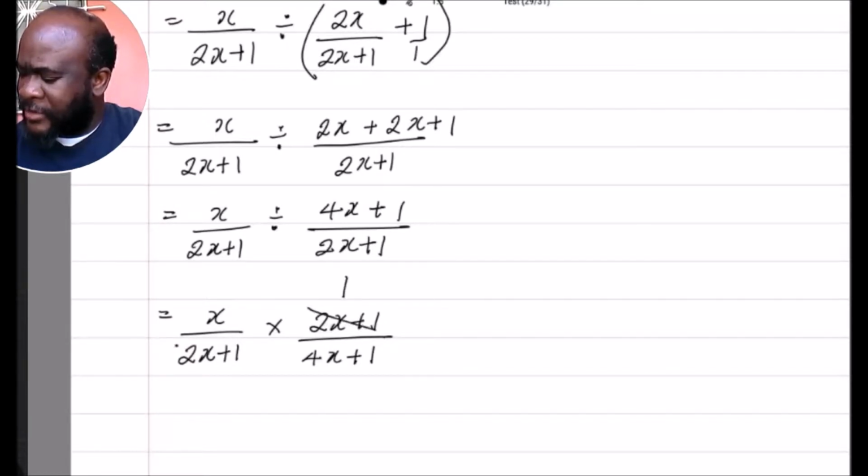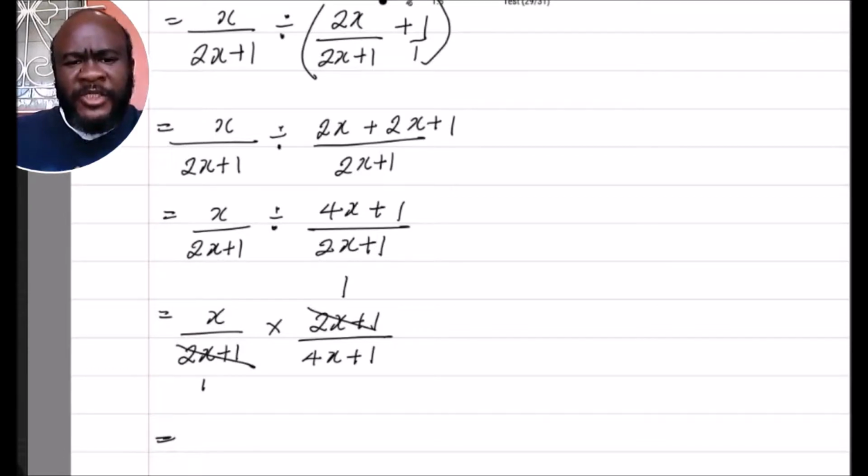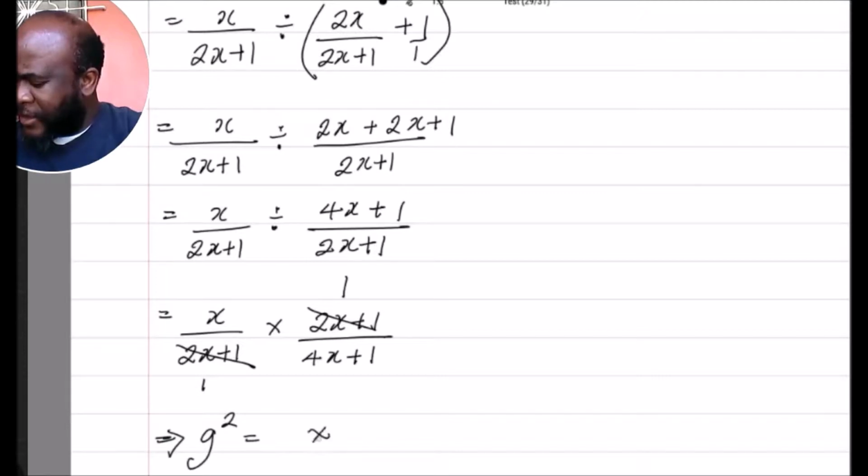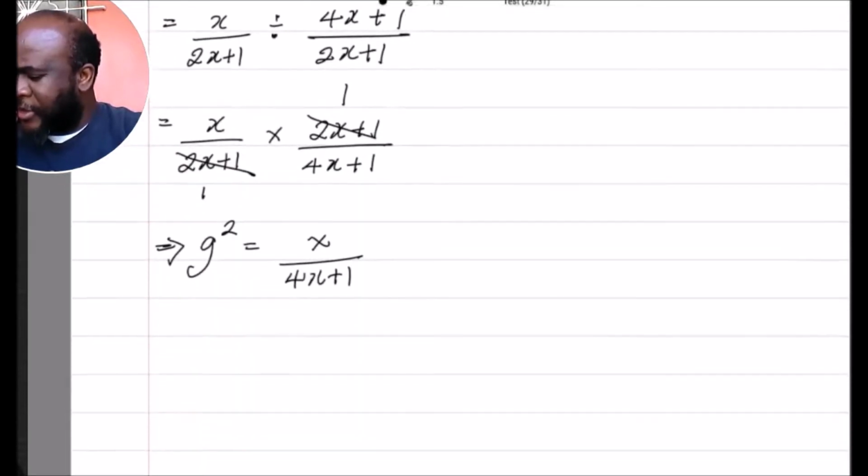This cancels that. When we divide fractions, you write down the first fraction, change the division sign to multiplication and invert the dividing fraction. So therefore g squared is equal to x over 4x plus 1.